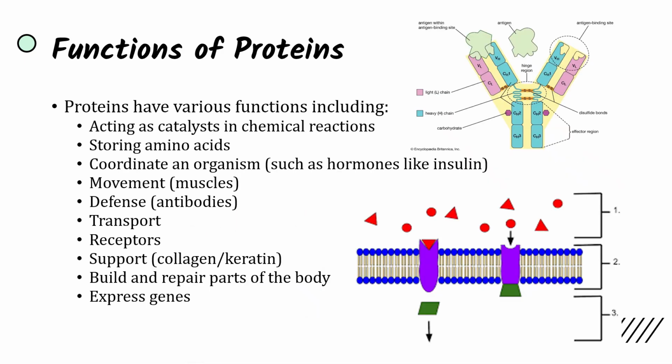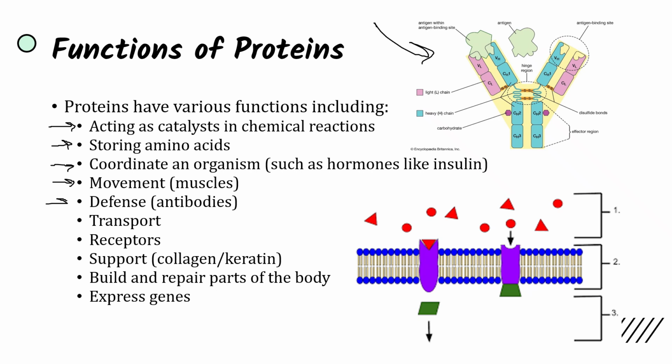Proteins are going to have various functions, including acting as catalysts in chemical reactions, so helping chemical reactions occur with less energy spent. They store amino acids. They coordinate an organism. They help with movement and muscles, defense of the organism and the immune system, such as antibodies.